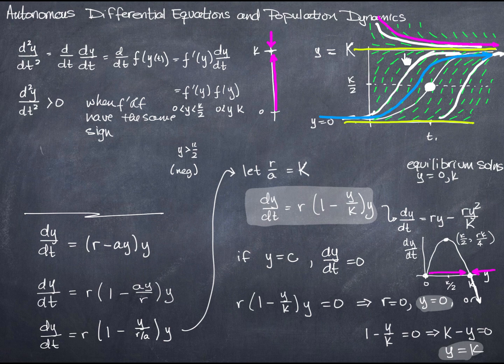There are two equilibrium solutions here, or two equilibrium values, but the curves move away from the bottom one down here and towards the top one. So y equals 0 is called an unstable equilibrium, and y equals K is called a stable equilibrium.